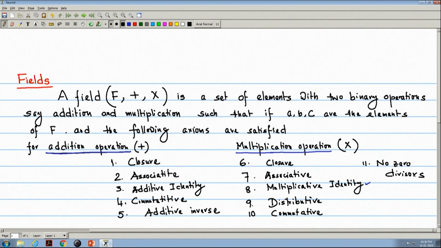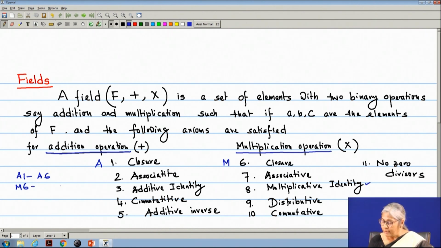So, if the additive properties A1 to A6 hold, and M1 to M7 and M9, M10 hold, then I can tell this is a commutative ring, which we read last day.